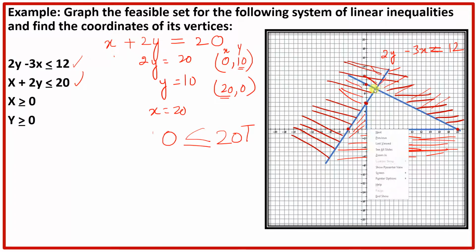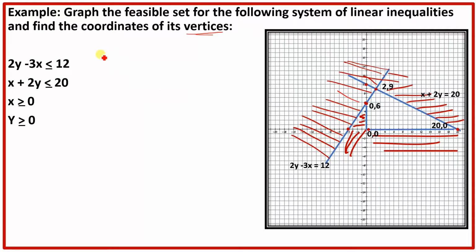This one is the feasible region. Only where these two lines intersect we have to find this point, and we have discussed how to find it. So see here, I will write 2y minus 3x is equal to 12, and this is x plus 2y is equal to 20.